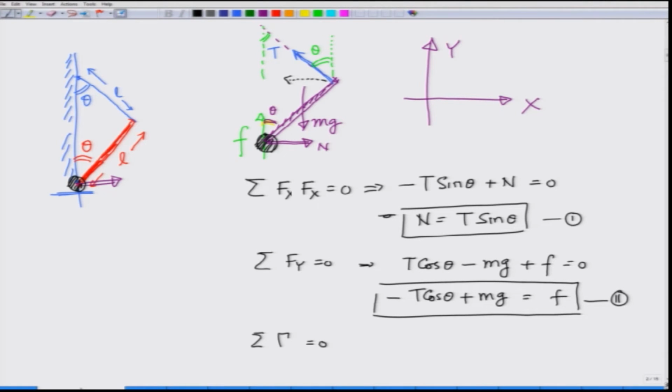Now, the torque due to N and F vanishes here because they are passing through the point about which we are taking the torque. So, the torque arises only due to the weight of the frame and due to the tension. So, this is going to give me the perpendicular distance of mg from the point is going to be, let me make this picture on the left here again.